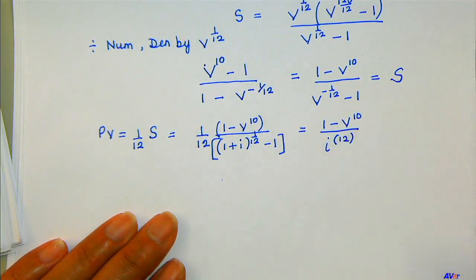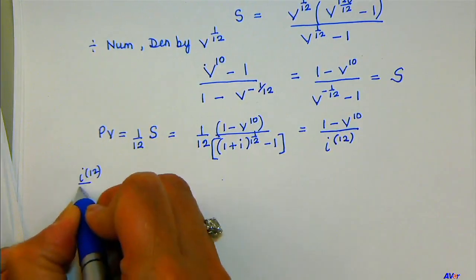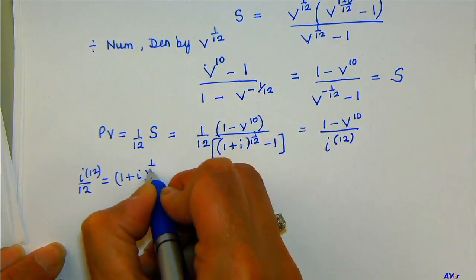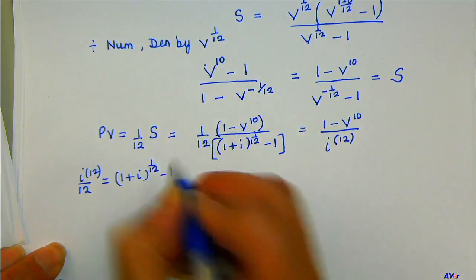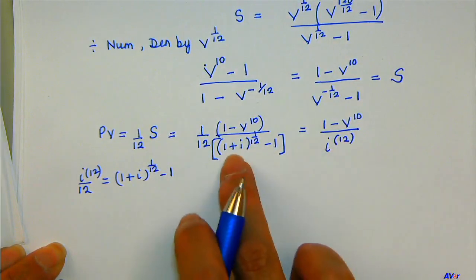The nominal interest rate convertible monthly. Remember the formula for I-12? I-12 over 12 is equal to 1 plus I to the 1/12 minus 1. So if I bring the 12 over, this I-12 is equal to this.